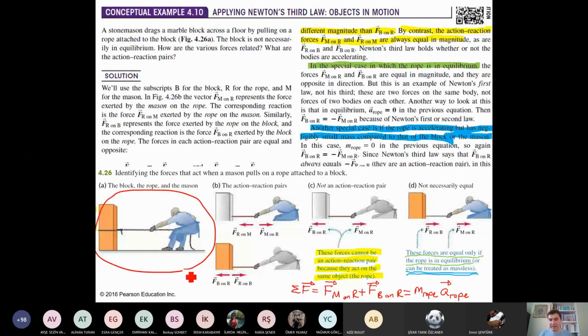In a free body diagram, you have to write all forces acting on this mason separately, all forces acting on this rope separately, and all forces acting on this marble separately. This is a free body diagram.